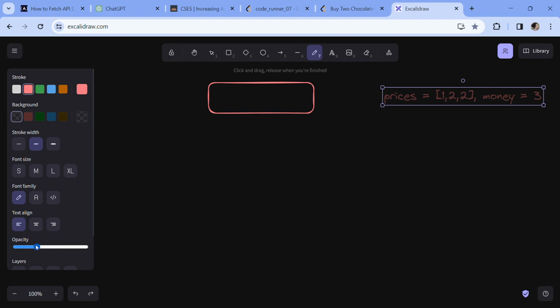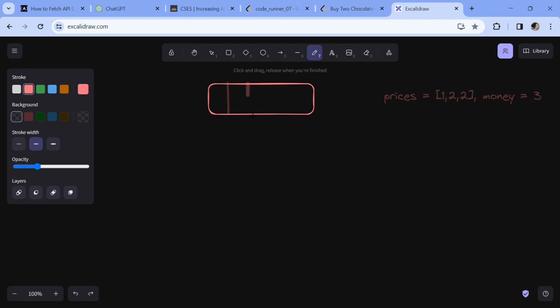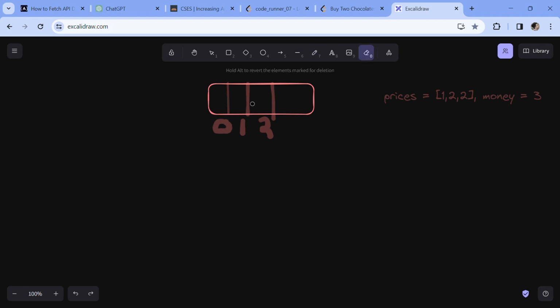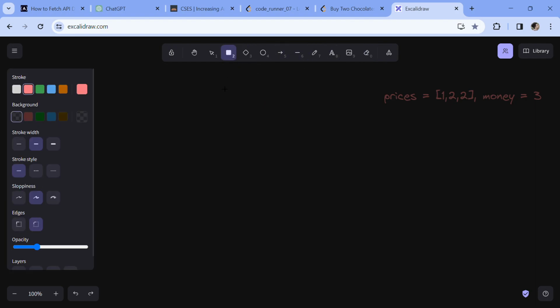Control Z. Opacity will be less, I think. Sorry, I will draw it again because I have taken too large a size.